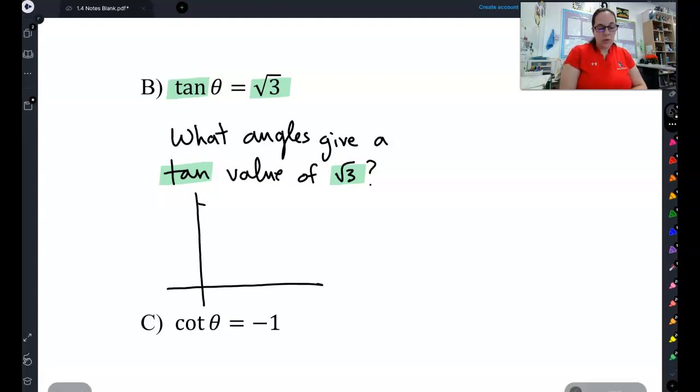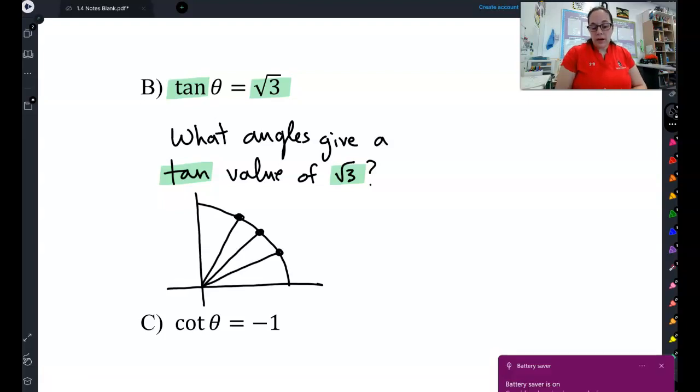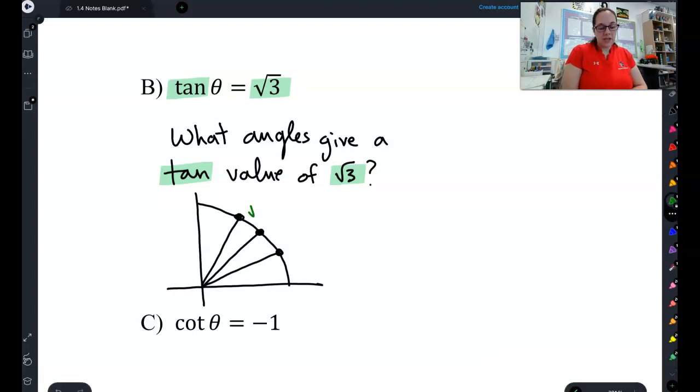Now, you know at this point that we really only care about these 3 points in the quadrants. Here's the nice thing about the tan values. The tangent values start big and get small. So the tangent value up here is root 3, the biggest number.